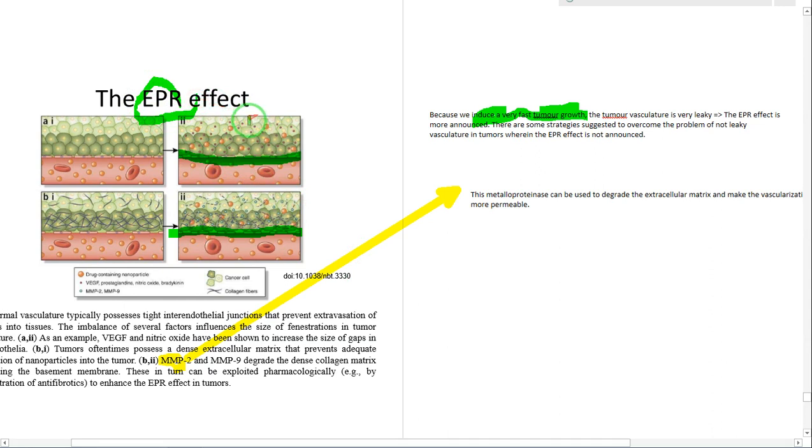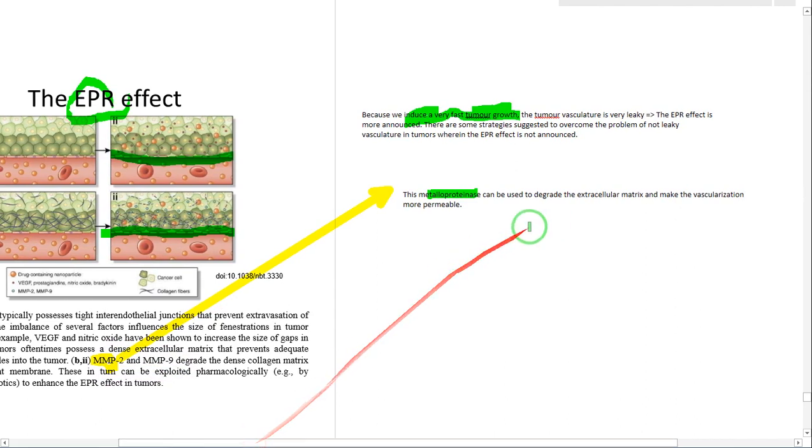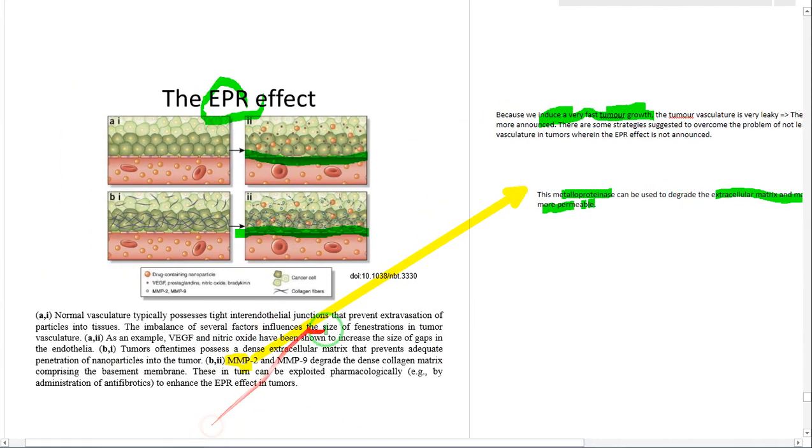To overcome this problem, we can accommodate our particles with metalloproteinases MMP2 and MMP9, which will degrade the extracellular matrix and make the tissue more permeable.